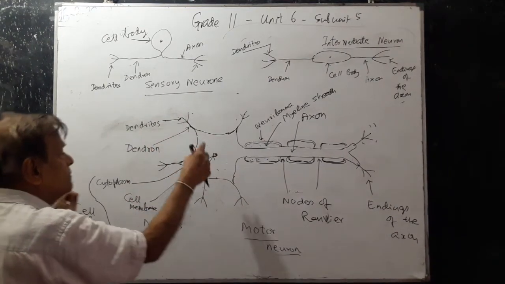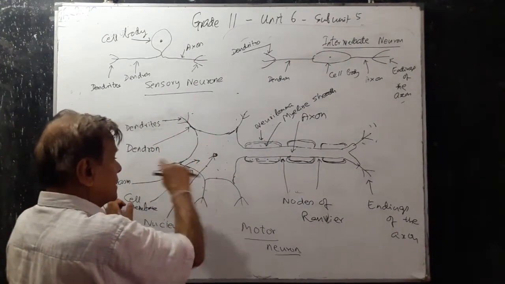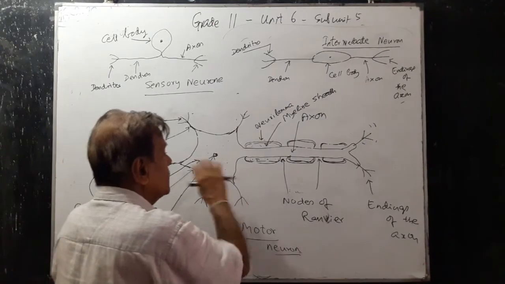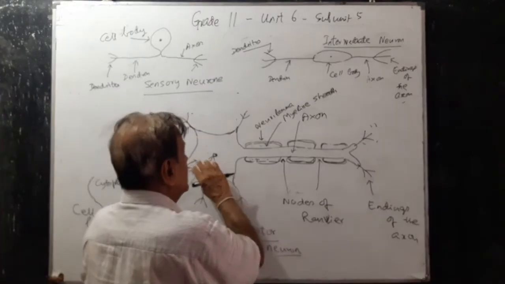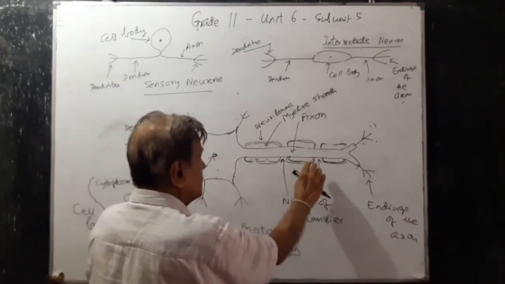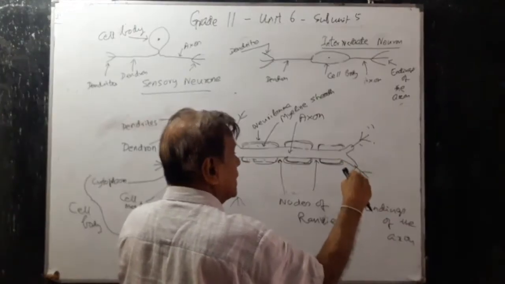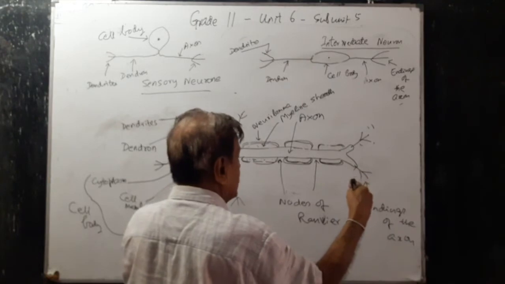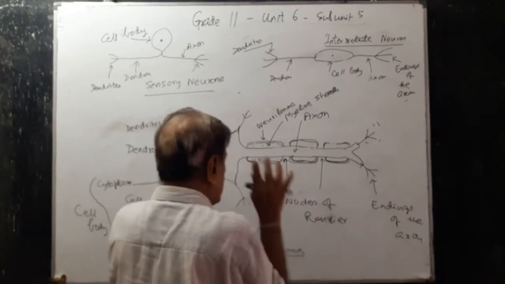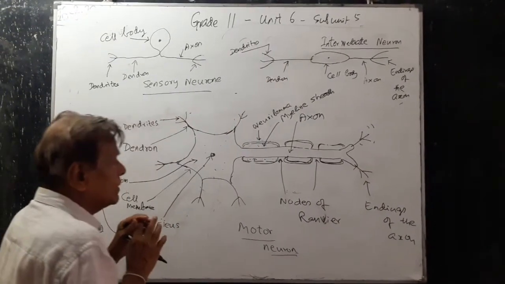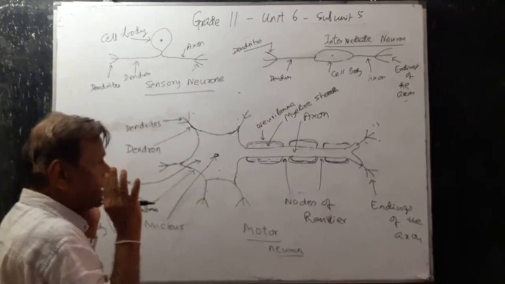After that, it is conducted through this neuron to the effector. There are two types of effectors, muscles and glands. Now this is how a response is done.